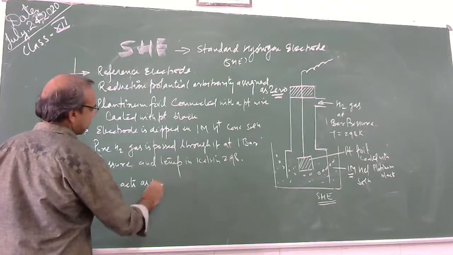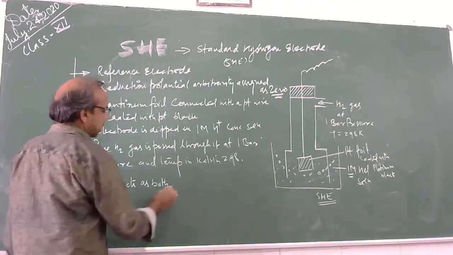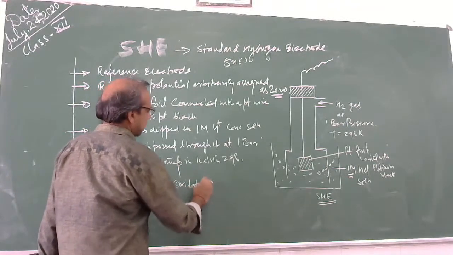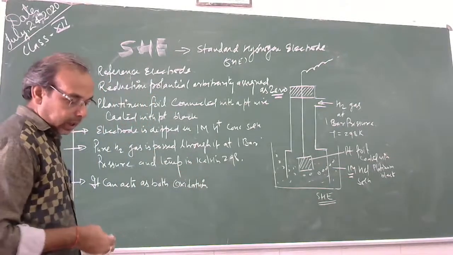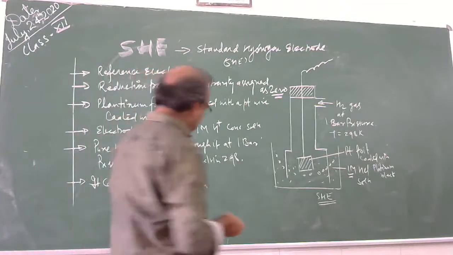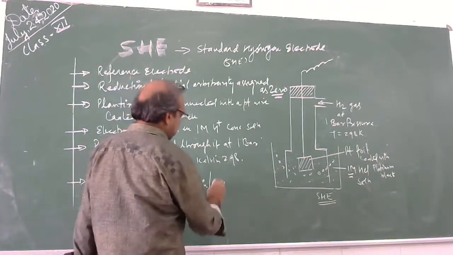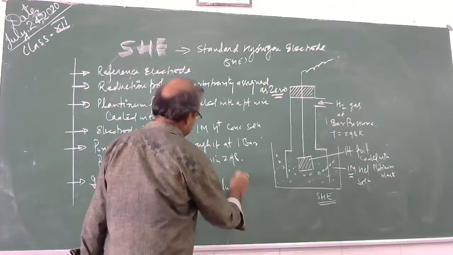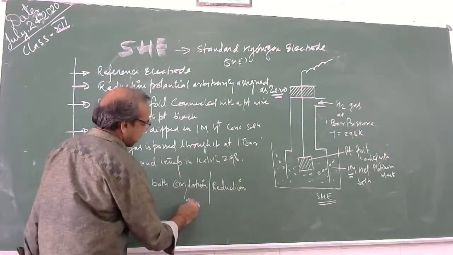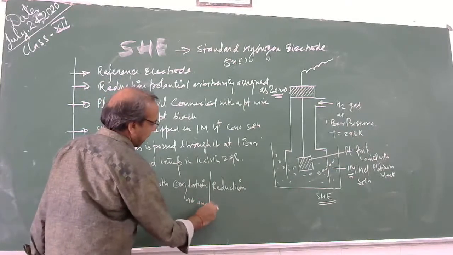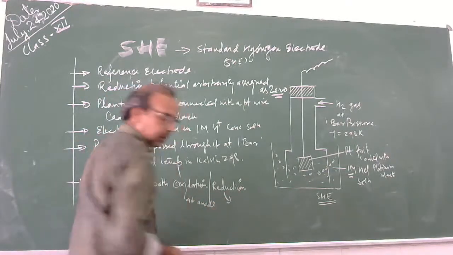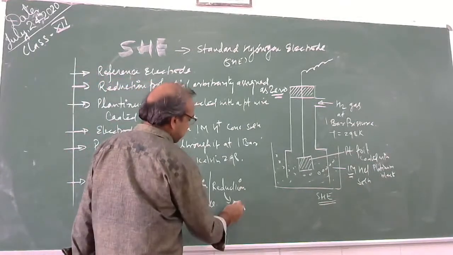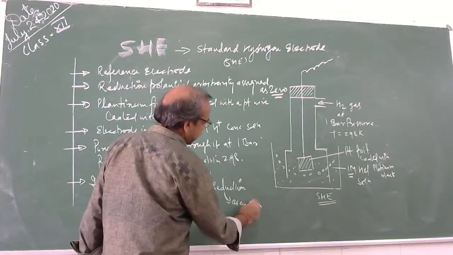And the most important property of this electrode is it can act as both oxidation or reduction. Oxidation at the anode and reduction as in the cathode.